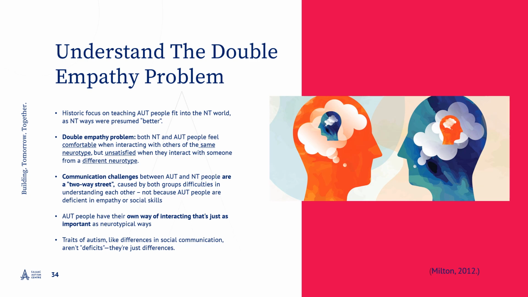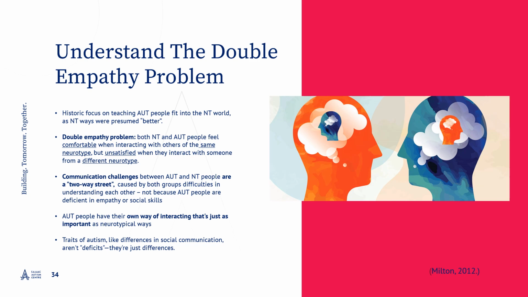Historically, there's been a focus on teaching autistic people how to fit into the neurotypical world because the assumption was that neurotypical ways are better. But the double empathy problem shows that both neurotypical and autistic people feel comfortable when interacting with others of the same neurotype. But when they interact with someone of a different neurotype, they're not as happy.